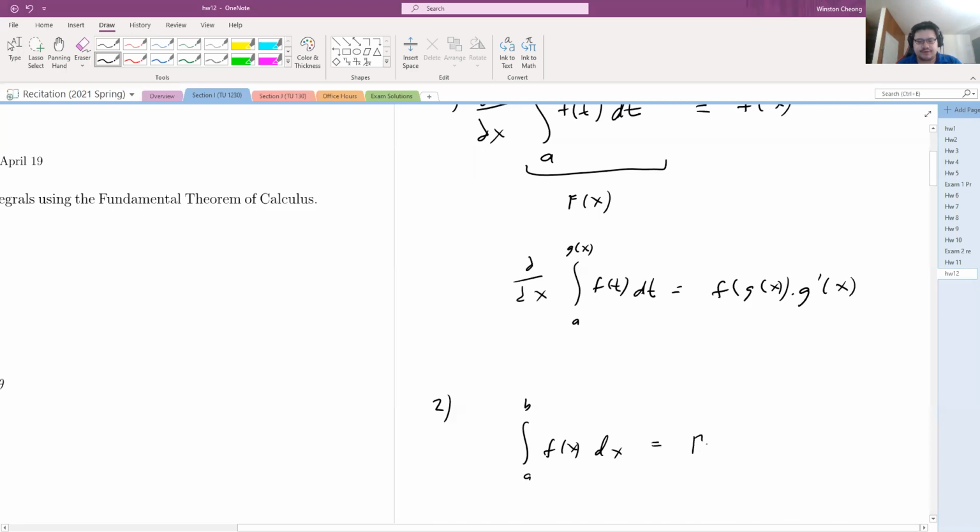And this is really the way that we tell you how to actually evaluate these definite integrals. So the idea is that you find the antiderivative, and then you evaluate from a to b, and you subtract the two. So you do F of b minus F of a. This is just a notational shorthand.